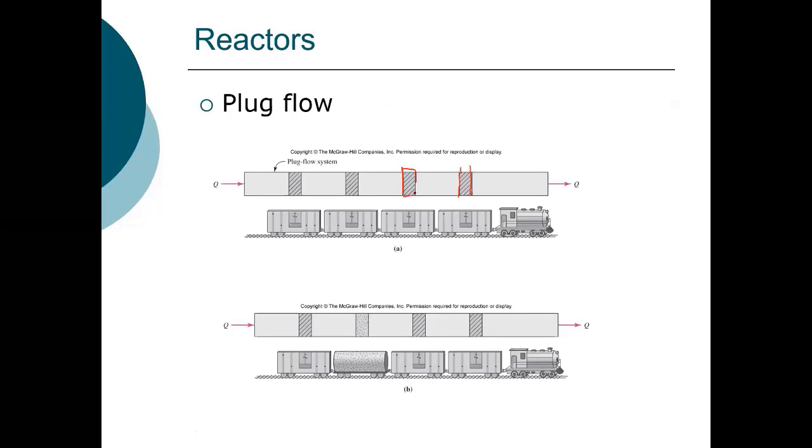If you think of a train, it's kind of shown here with a CSTR. As this train moves down the track, there is no contact between this boxcar and the one behind it. So each boxcar is totally separate. The mass stays in that boxcar and it's just going to move down the tracks.